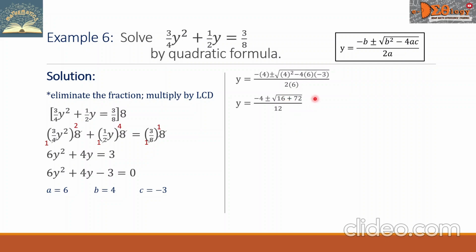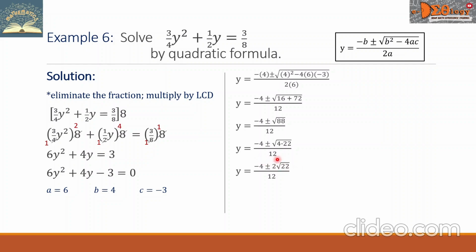We simplify the radicand, 16 plus 72 is 88. Let us simplify this square root of 88. We see the factors of 88 as 4 by 22. And this 4 inside the radicand, we can put it out as a whole number. So it becomes 2 square root of 22.